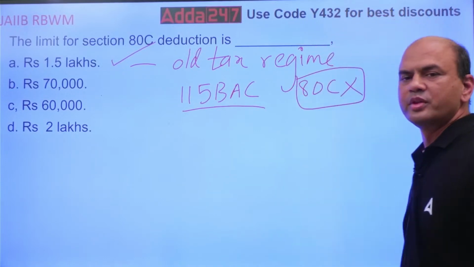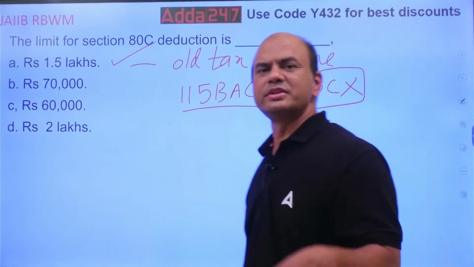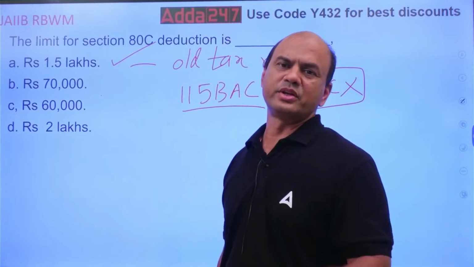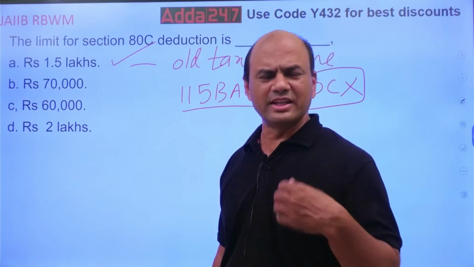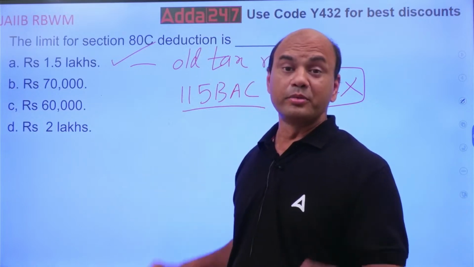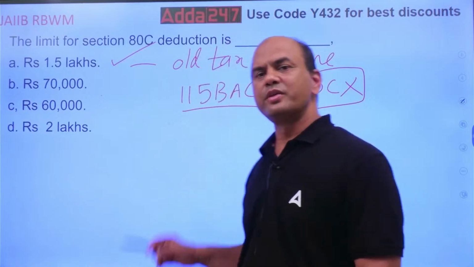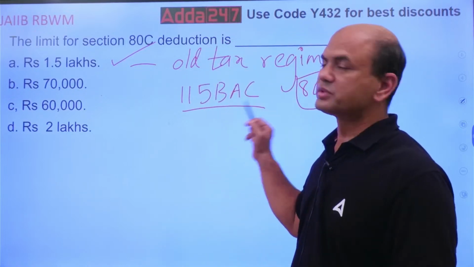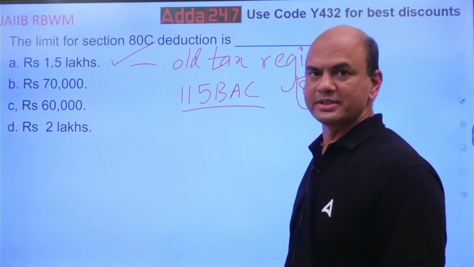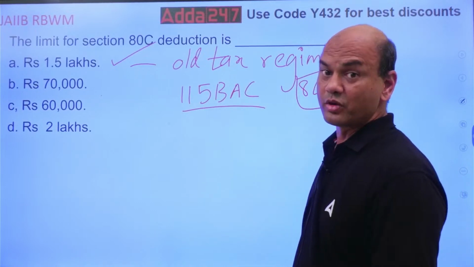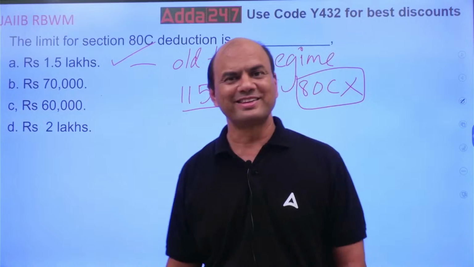So you invest in any insurance, any ELSS, any PPF, anything, home loan principal, everything is out. So 80C is not there in the new regime, 115BAC. So all your insurance businesses are in trouble, right?